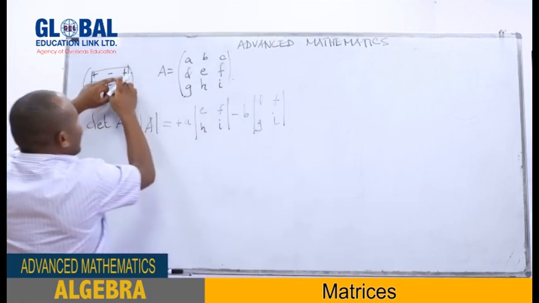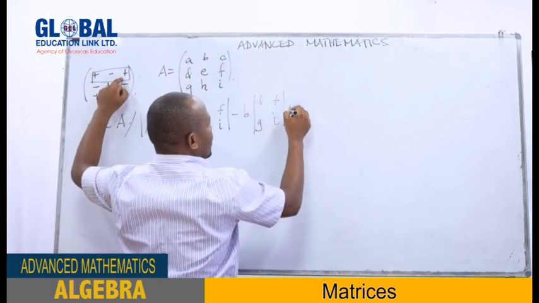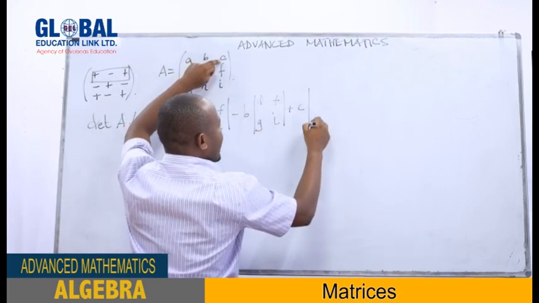Going back to the pattern, that is plus, and then we take C times what?